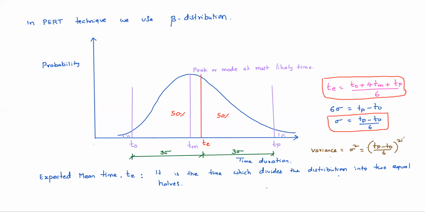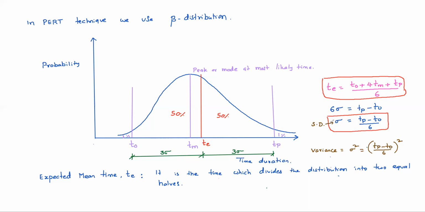So expected time, standard deviation, and variance you can calculate for any activity. Generally for network, they will give all these 3 times: optimistic time, pessimistic time, and most likely time.